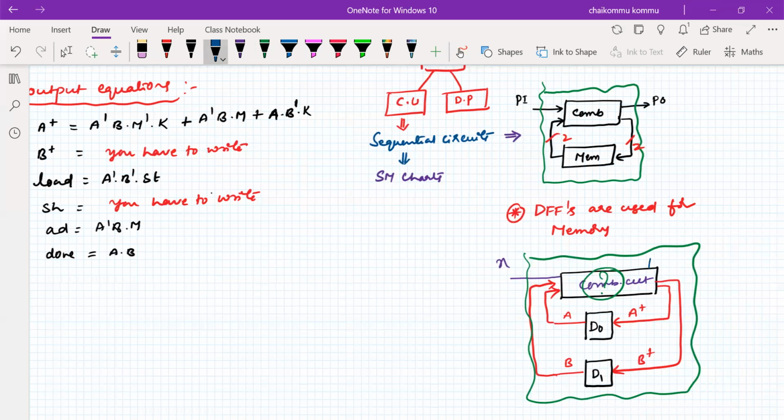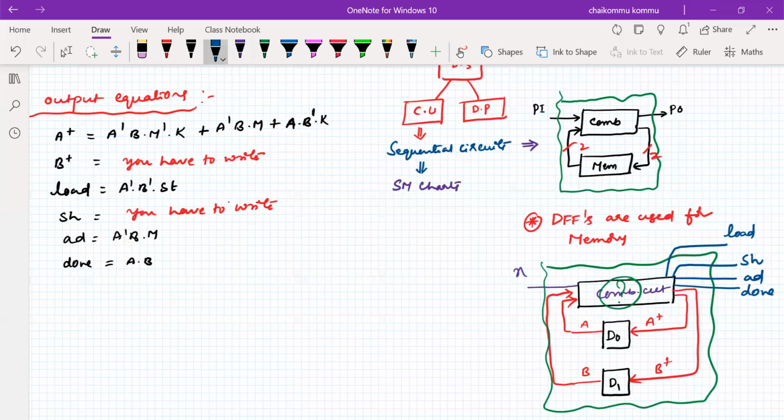Next we have load. Load is one output. SH is one output. Add is one output. Done is one output. Okay, is it clear?